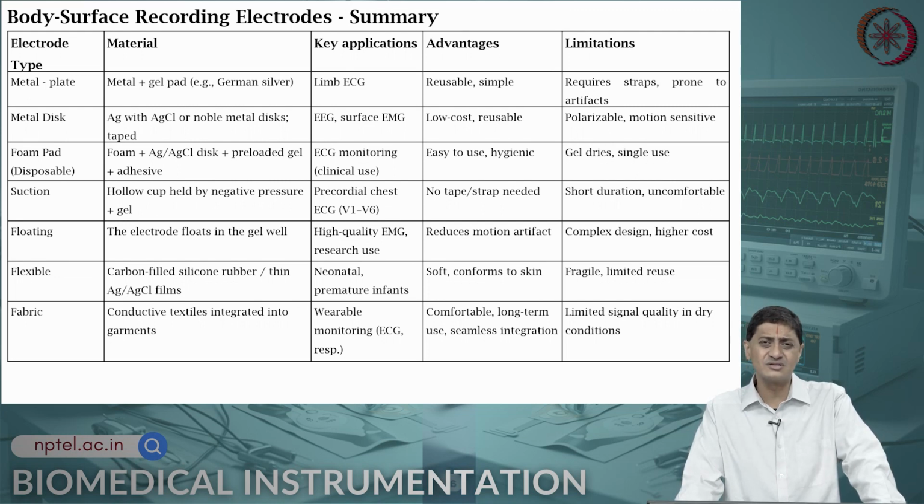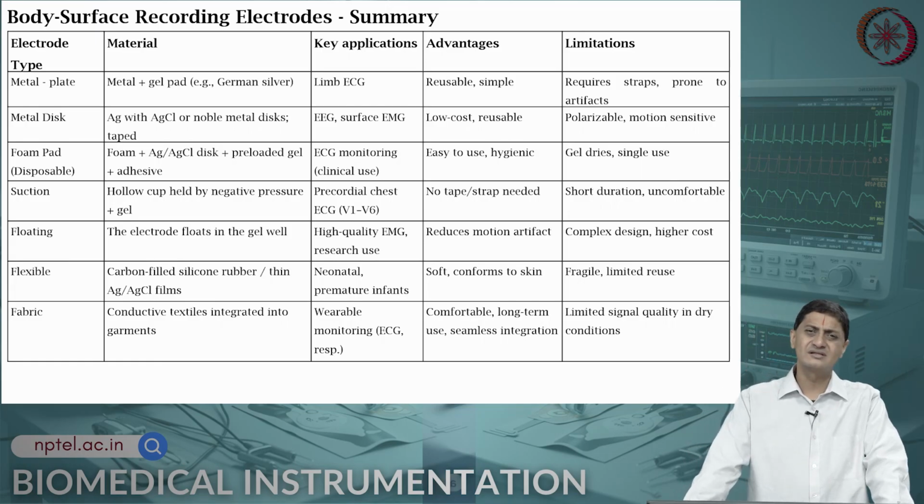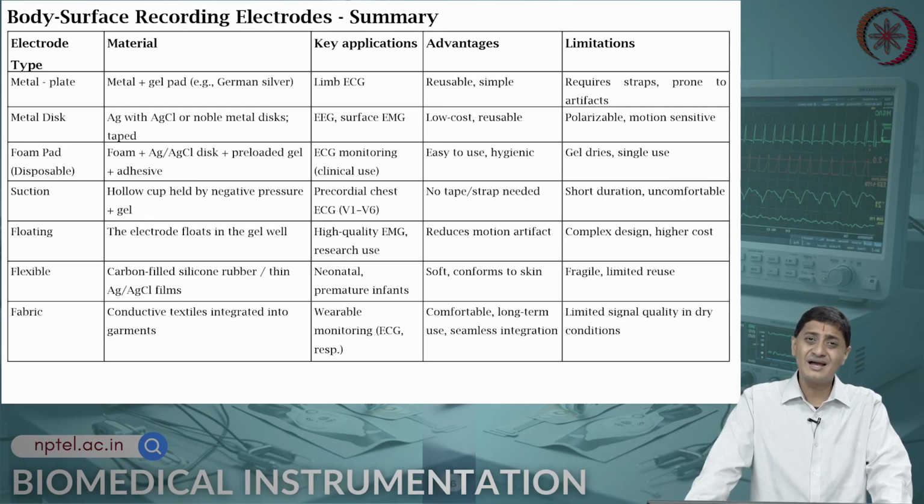Metal disc electrodes essentially come with silver chloride or gold metal discs that are taped using surgical tapes, quite often used to measure EEG and surface EMG. This is low in cost and reusable, but they act as polarizable electrodes, which means they are sensitive to motion artifacts.